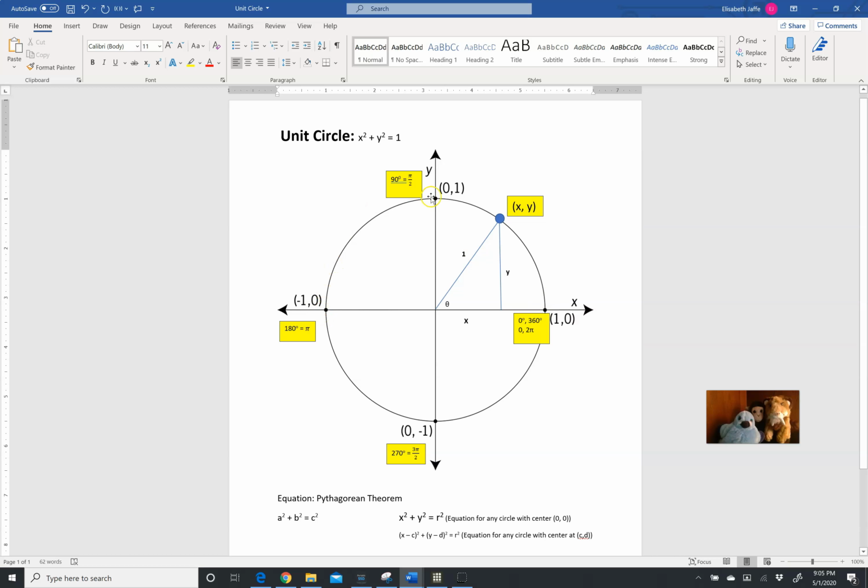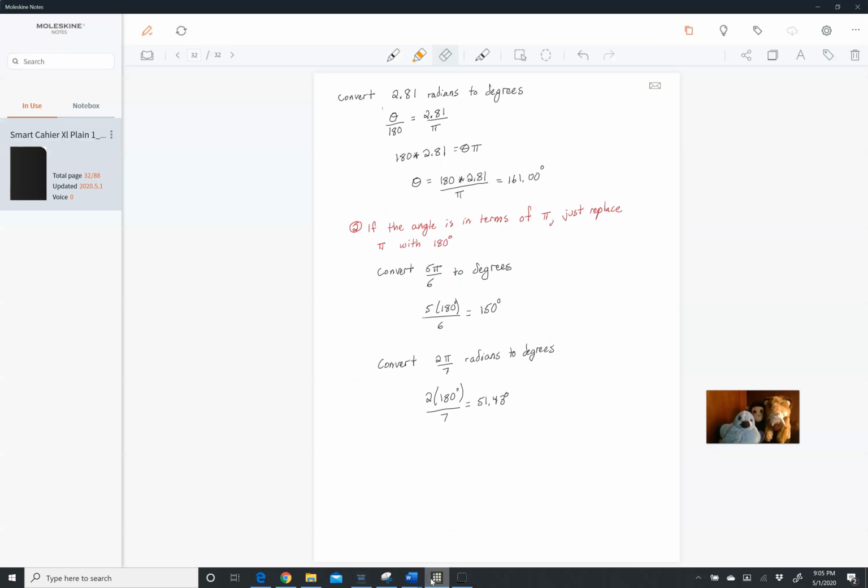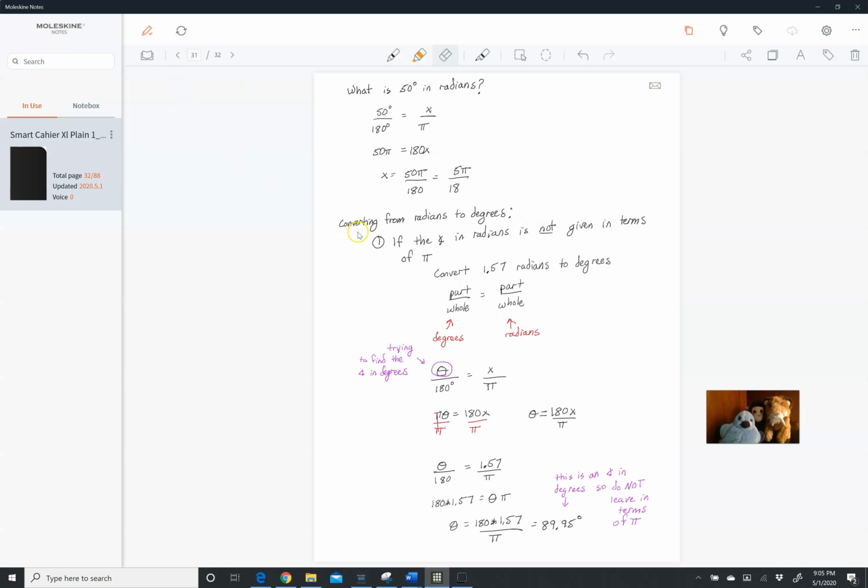Then we found that pi over 2 would be up here because this is exactly halfway to pi. This is 1.5 pi, so it would be 3 pi over 2. And then when we come all the way back around, we've gone 2 halves of the circle, so we're at 2 pi, okay?